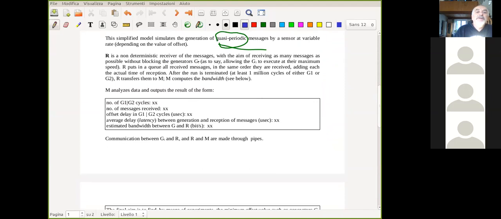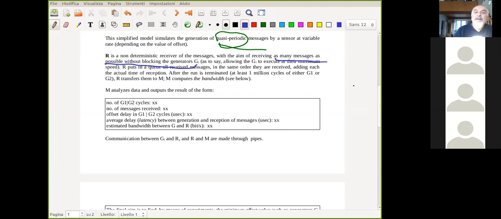R receives messages, receiving as many messages as possible without blocking the generators. And that's the reason why we use the select. At least 1 million cycles.